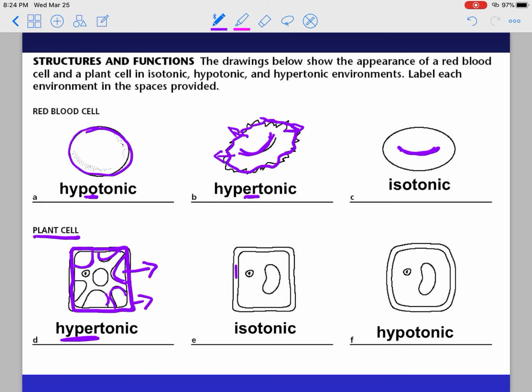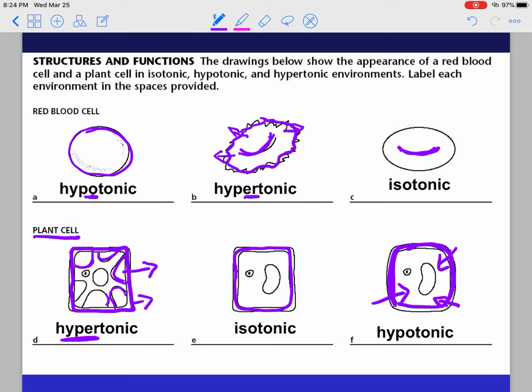Isotonic, this is what the cell would normally look like when everything's in balance. And then notice in the hypotonic one how the edges are kind of bulging out. That shows you that there's been a lot of water that got pulled in here, and so it's really swollen up.